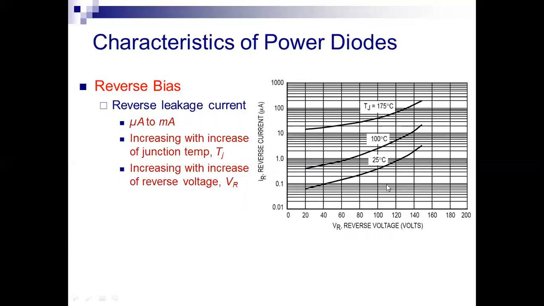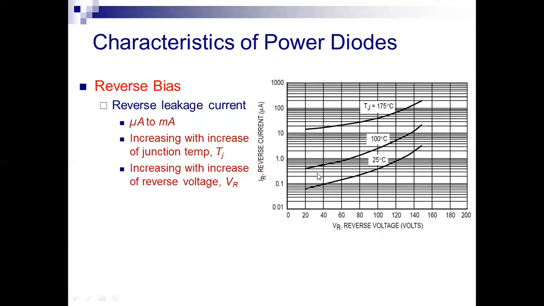Here, if you consider the reverse voltage on the x-axis and the reverse current on the y-axis, with respect to the temperature increasing, what happens? At 25 degrees Celsius the temperature value gives a small linear curve increasing.